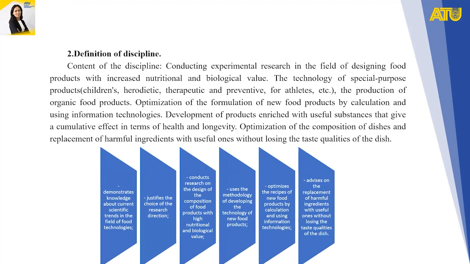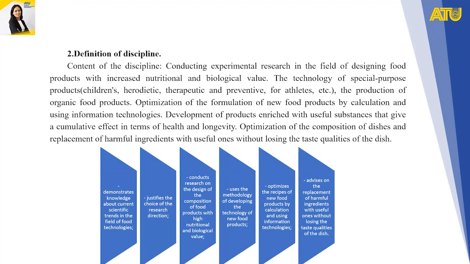Definition of this discipline, content of the discipline: conducting experimental research in the field of designing food products with increased nutritional and biological value. The technology of special purpose products: children's, dietetic, therapeutic, and preventive, for athletes, and so on.